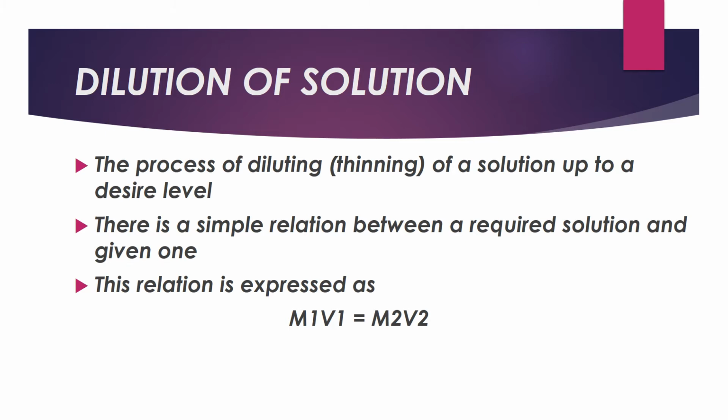There is a simple relation between the required solution and the given one. If a solution is given to us and we must dilute it up to a certain level, that is called the required solution, and the other is the given solution. That relation can be expressed as M1V1 = M2V2. Here M1 and V1 are the molarity and volume of the dilute solution, while M2 and V2 are the molarity and volume of the concentrated solution.